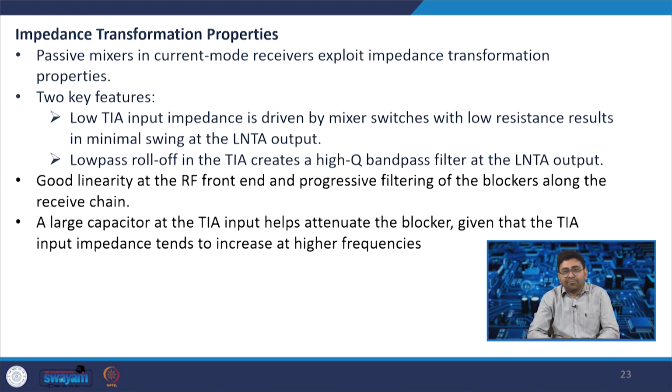So, we need to ensure that the TIA impedance is properly designed, so that when it is up converted on the RF side after the LNTA and down converted after the mixer, it will help us reject the blockers.